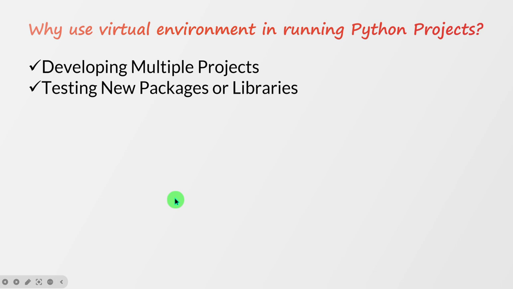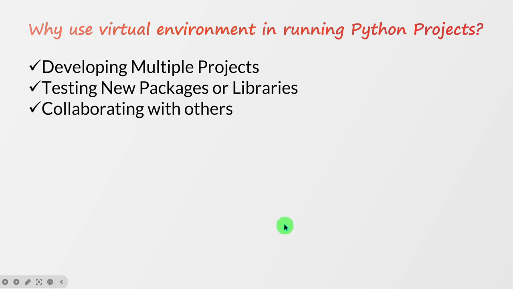Another reason: if you want to test a new package or library without affecting your global environment or other projects. Let's say in one folder you have multiple projects, then you can create a virtual environment safely just to experiment and evaluate the package. That's the purpose of that.